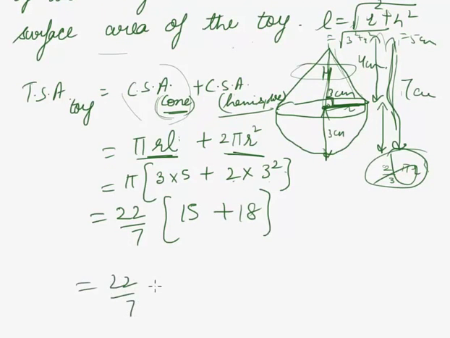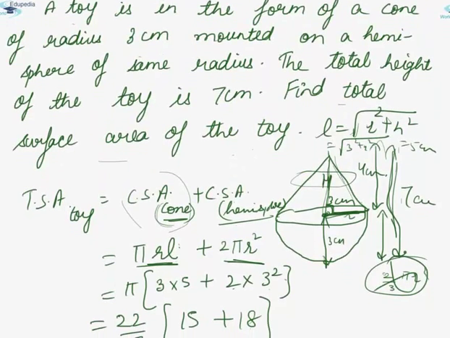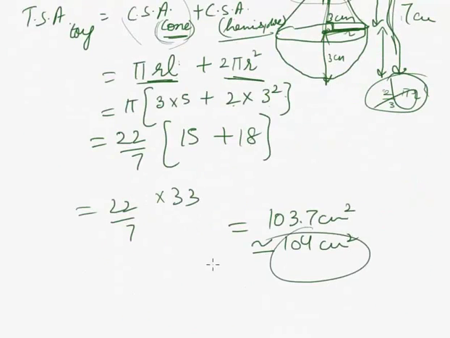So we have 33 into pi. On calculation it will be around 103.7 centimeter squares, or if we round off this figure it will be 104 centimeter square. Thus the required total surface area of the toy is 104 centimeter squares.